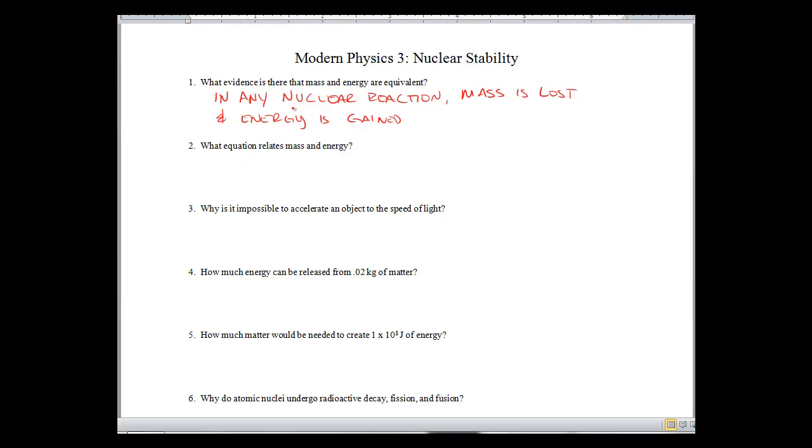Going into that, the energy to mass conversion is E equals mc squared. If I make this much mass disappear, I get this much energy.